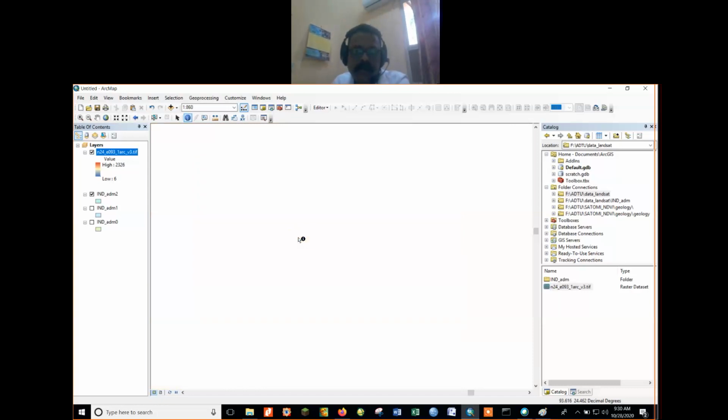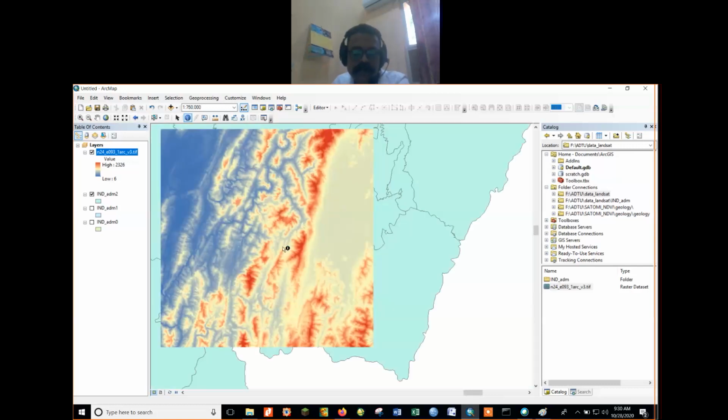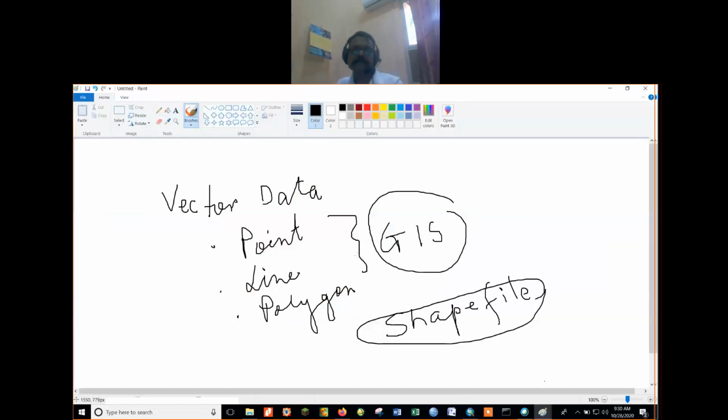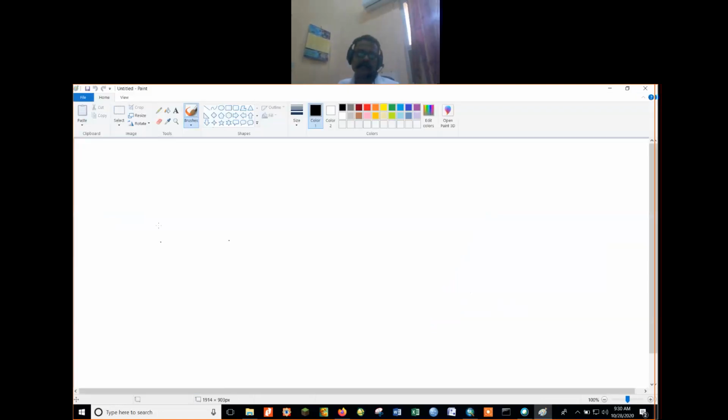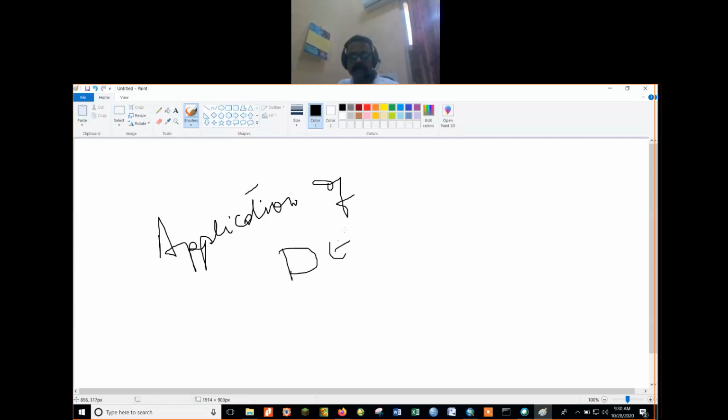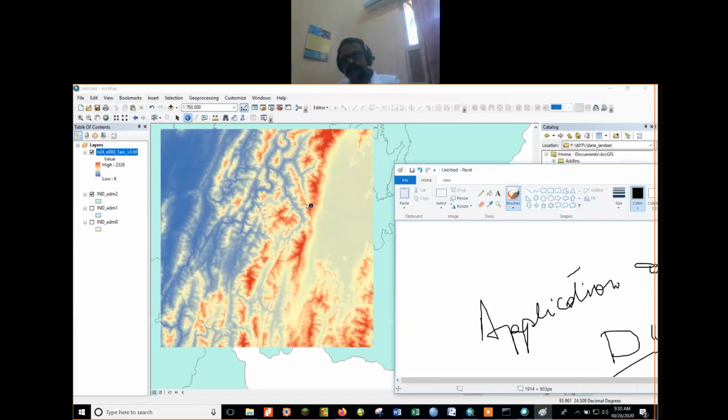Now coming to the application of this data. Can you tell me what is the application of a DEM, or digital elevation model?